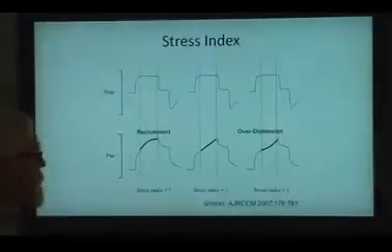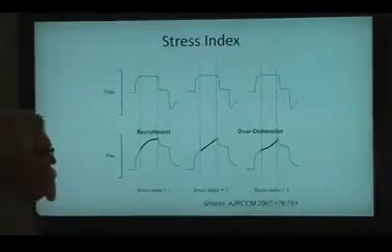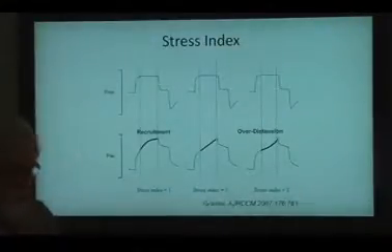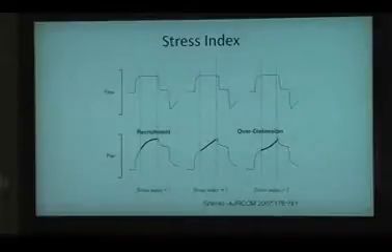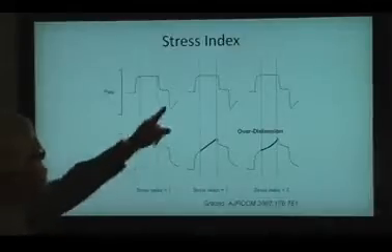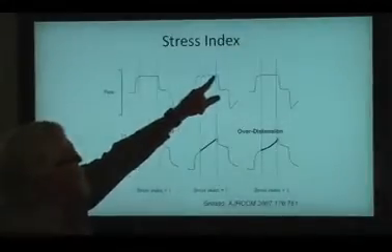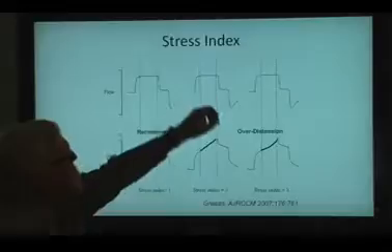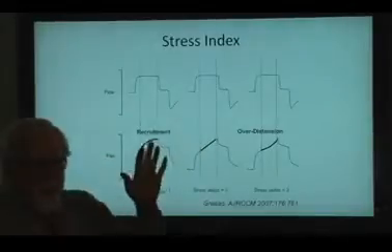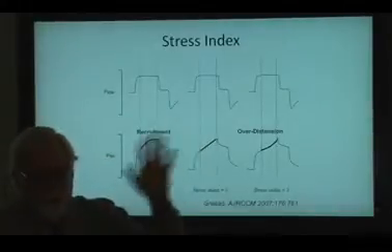Now, something that has found its way into literature, really just over the last 10 years, is the concept of the stress index and how we might use the stress index to help inform how we set the ventilator. So let's imagine that we set the ventilator for a constant inspiratory flow, square wave, and that the patient is not actively interacting with the ventilator.